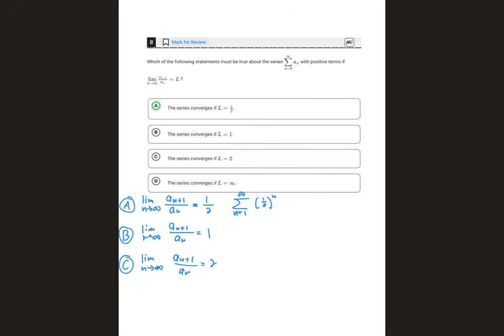So you're just adding bigger and bigger numbers. So that's just going to diverge. And same idea, if this is infinity, if every term is an infinite amount larger than the previous term, then of course it's going to diverge. So definitely A.